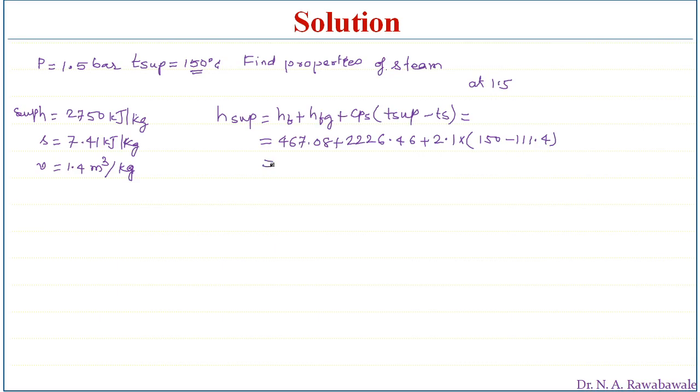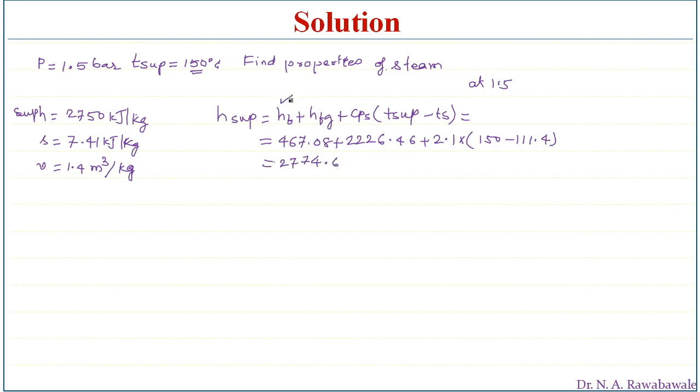If we calculate this, (150 minus 111.4) into 2.1 plus 2226.46 plus 467.08, with the help of a calculator this works out to be 2774.6.